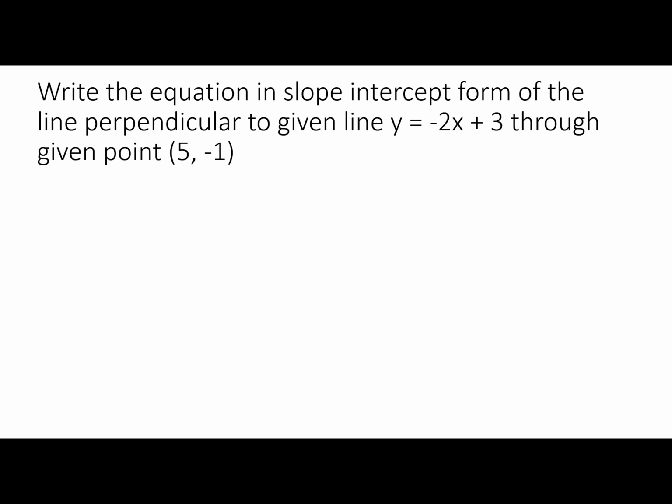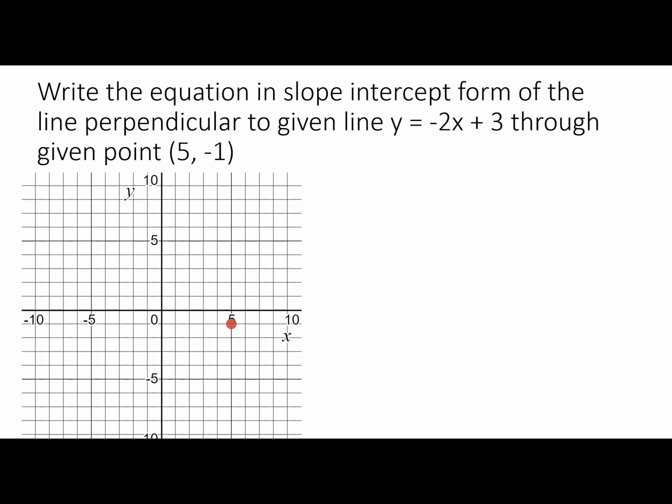Write the equation in slope-intercept form of the line perpendicular to the given line y equals negative 2x plus 3 through the given point 5, negative 1. In the previous slide, we did the same example, but we used slope-intercept and point slope form formulas to find the equation. In this one, we are going to use the graph. So 5, negative 1 is already plotted for us.